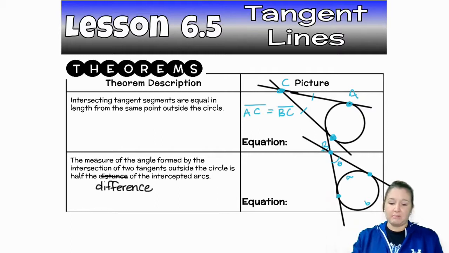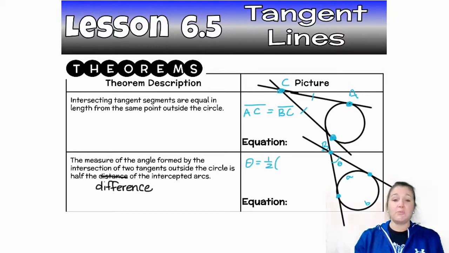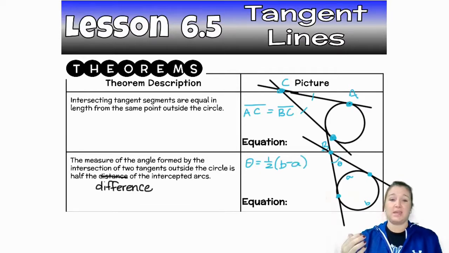So just keep that in mind, because remember, an entire circle is 360. So theta is going to be equal to half the difference. Arc B is obviously larger than arc A here, so I'm going to do B minus A just so I can keep a positive number there.